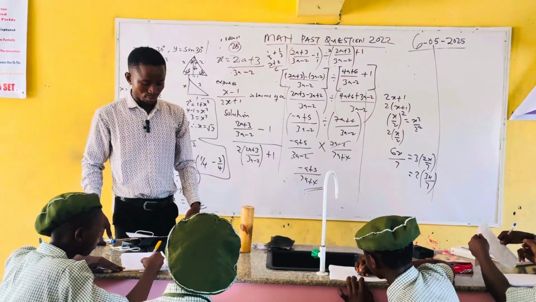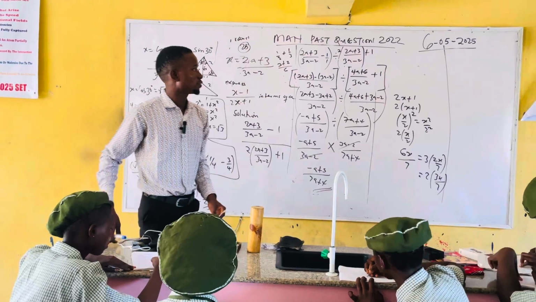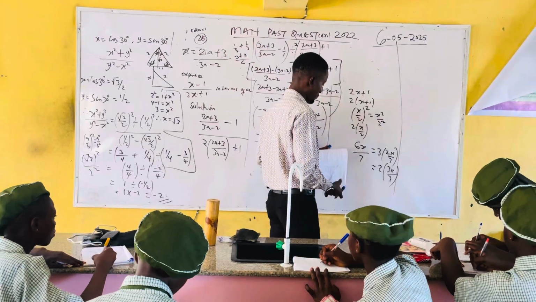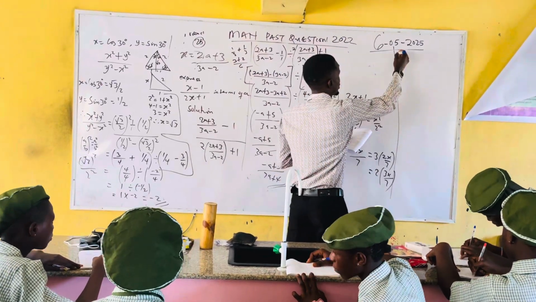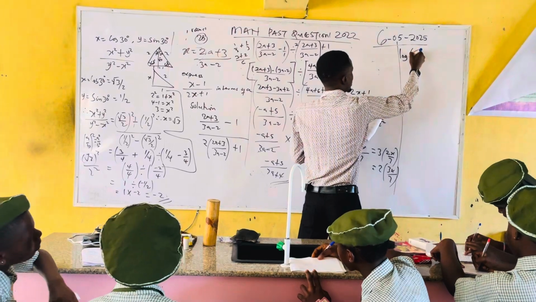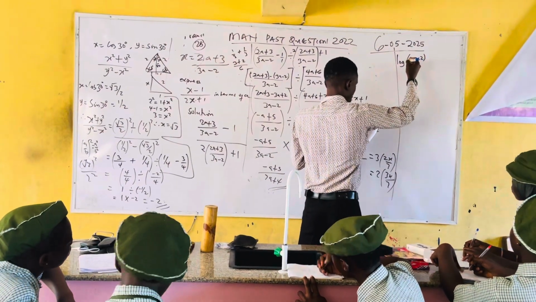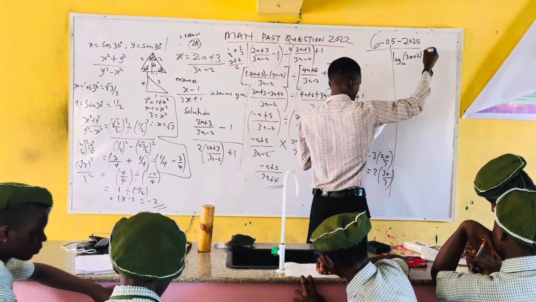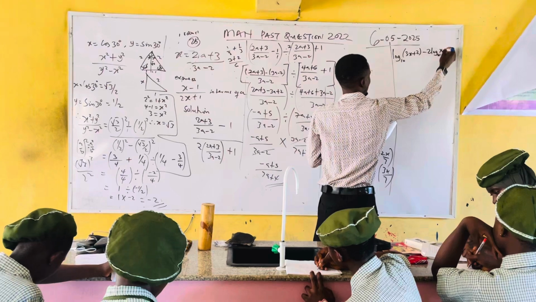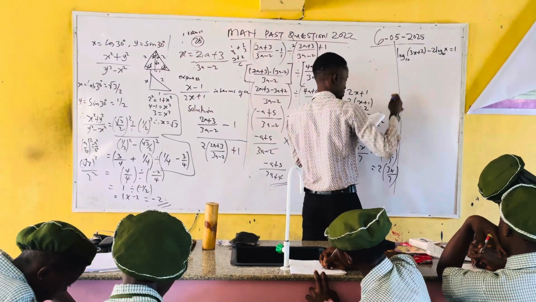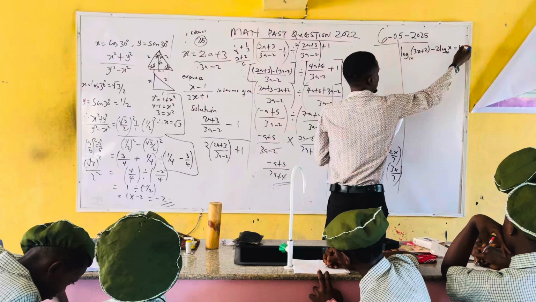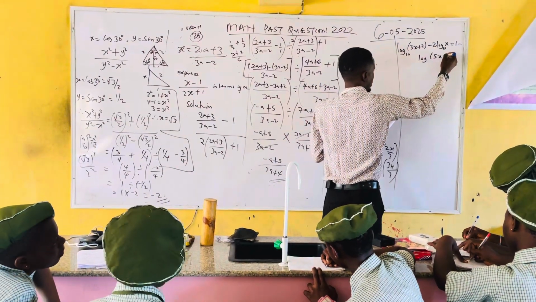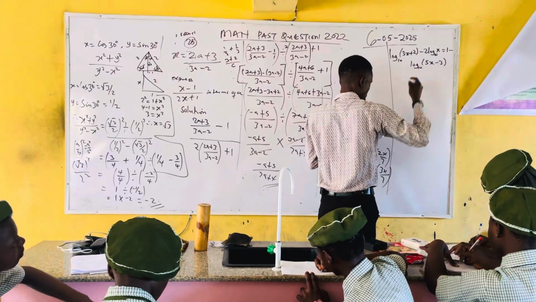The question says solve for x, meaning that you are asked to look for the value of x, if we have log (3x + 2) to base 10 minus 2 log x base 10 equals 1 minus log (5x - 3) base 10.